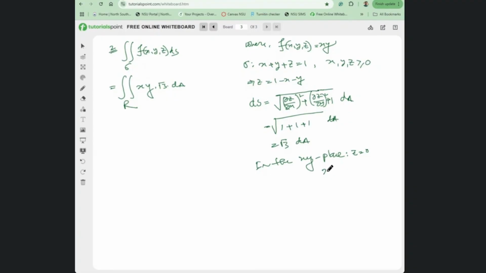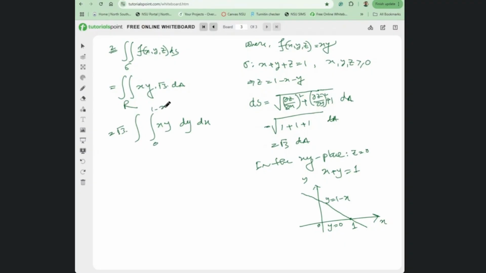If z equals 0, then x plus y equals 1, which represents a straight line in the xy plane, where y equals 1 minus x. Taking the square root 3, we get xy dy dx, where y is from 0 to 1 minus x, and x is from 0 to 1.